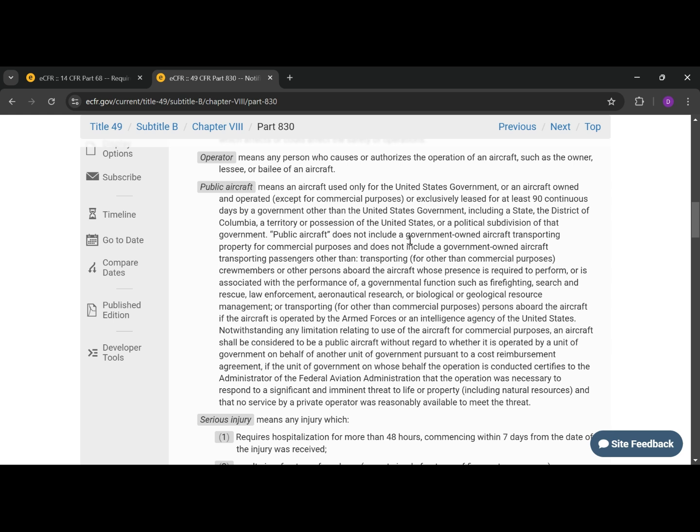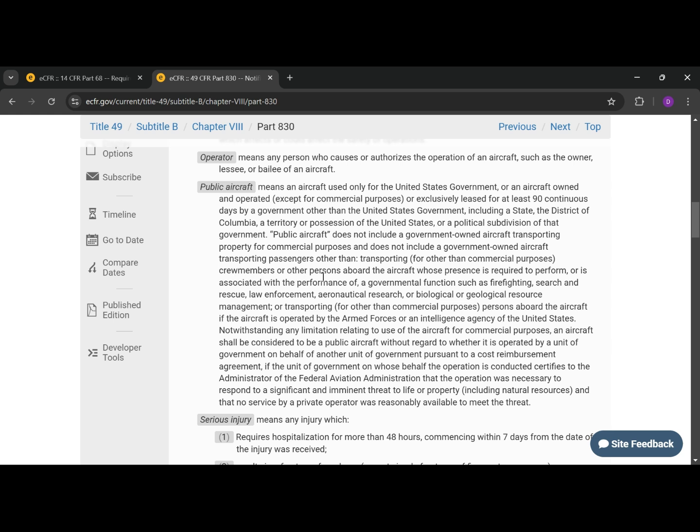Public aircraft does not include a government-owned aircraft transporting property for commercial purposes and does not include a government-owned aircraft transporting passengers other than commercial purposes.